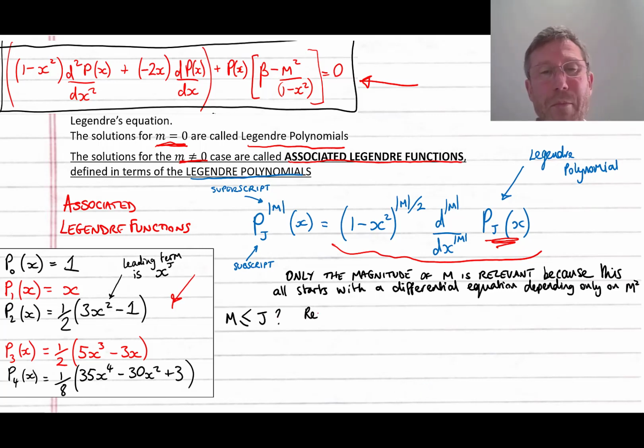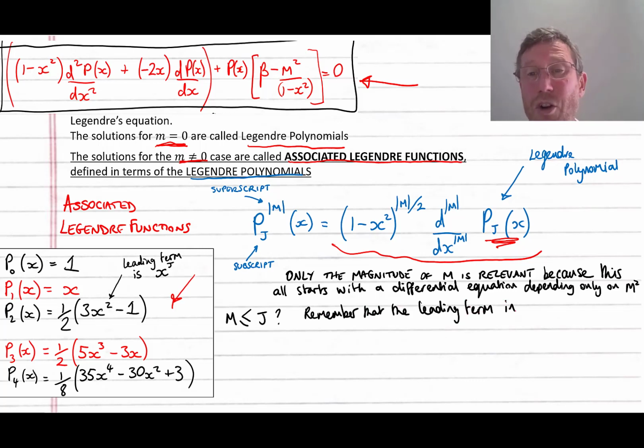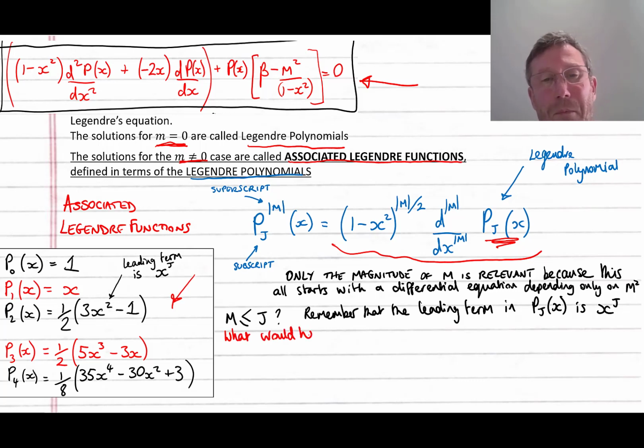Remember that the leading term in the Legendre polynomial is that x to the j term. So what would happen if m were greater than j?